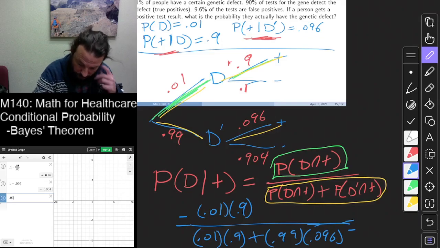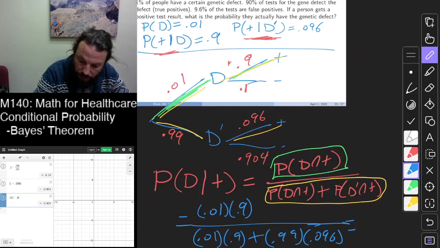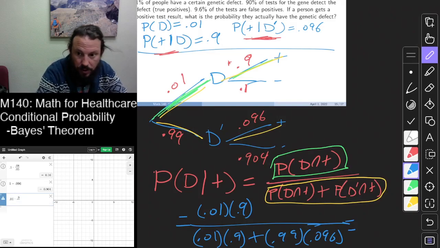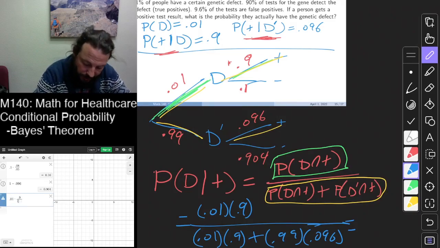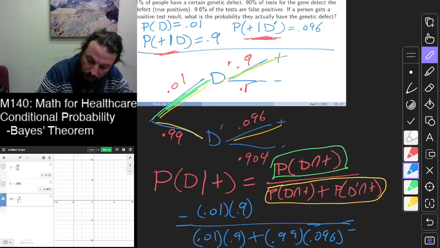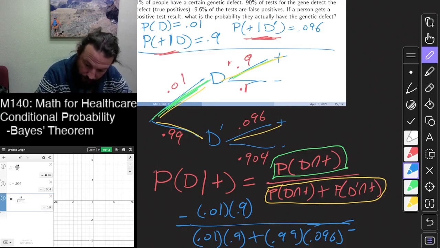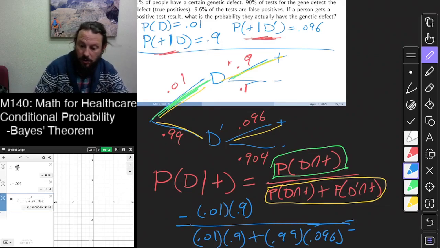All right. And we end up with, plug that in, 0.01 times 0.9 divided by, notice I need to do parentheses when I divide now, 0.01 times 0.9 plus 0.99 times 0.096. Okay.